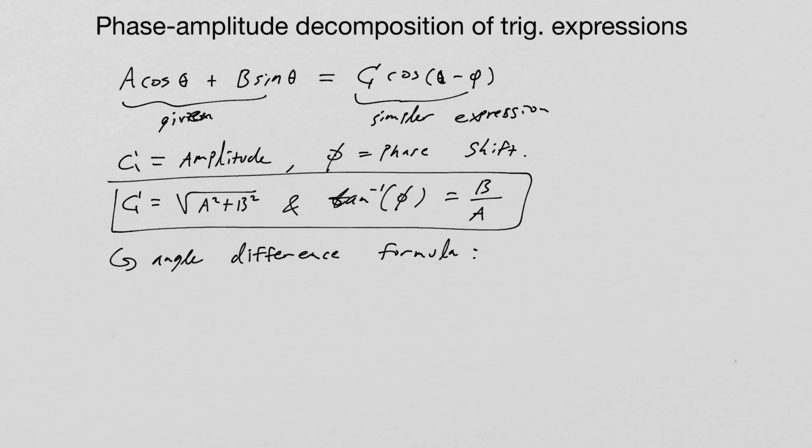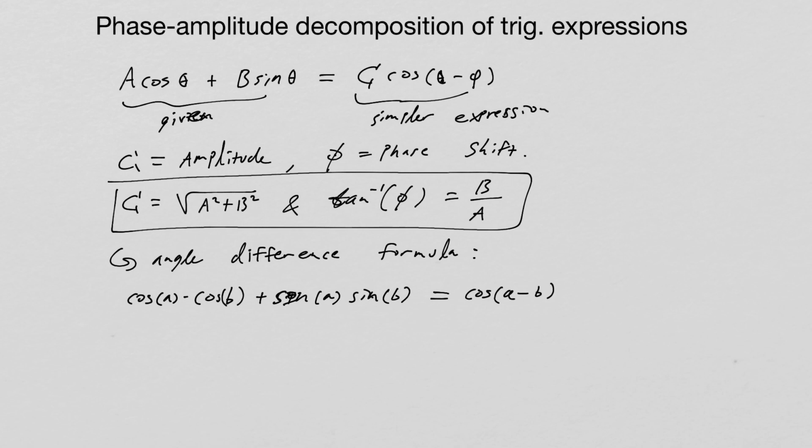If you have cosine of A times cosine of B plus sine of A, sine of B, where A and B are two angles, this can be re-expressed as cosine of A minus B.